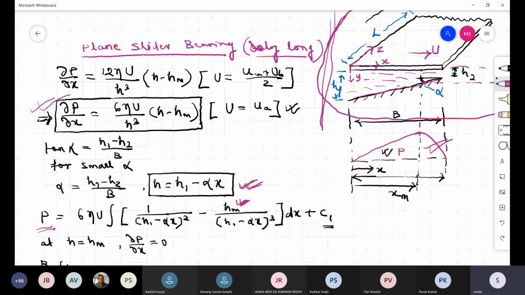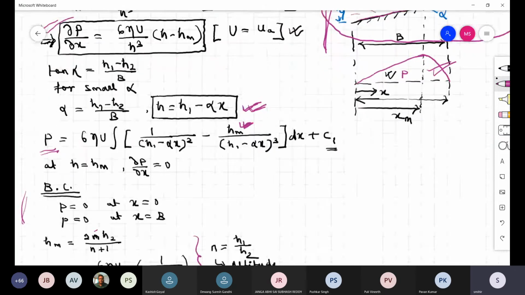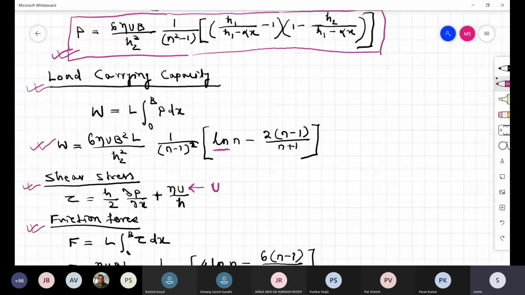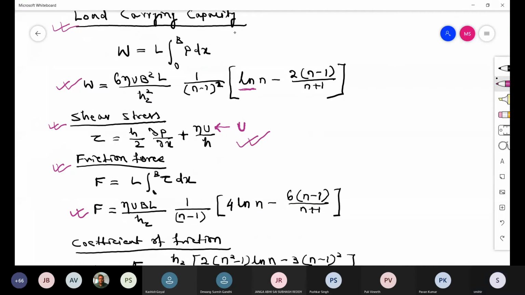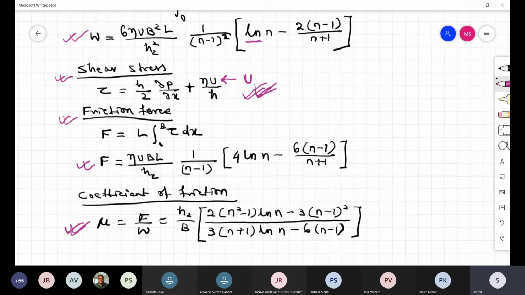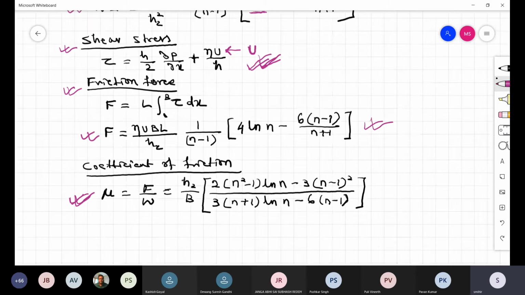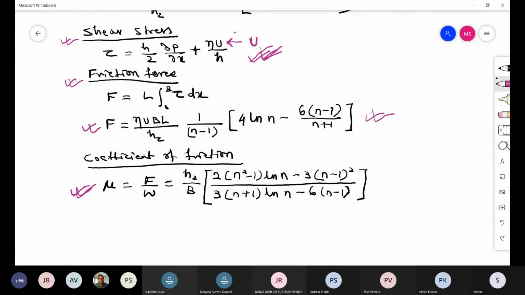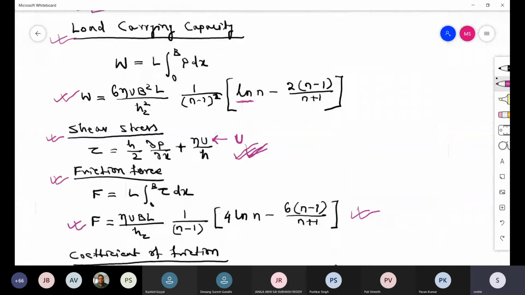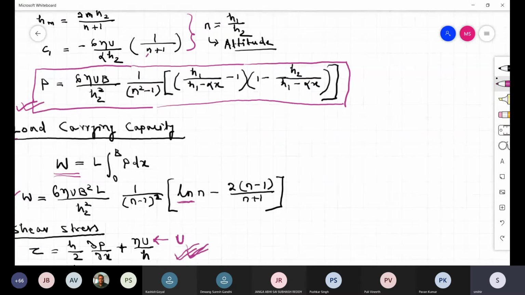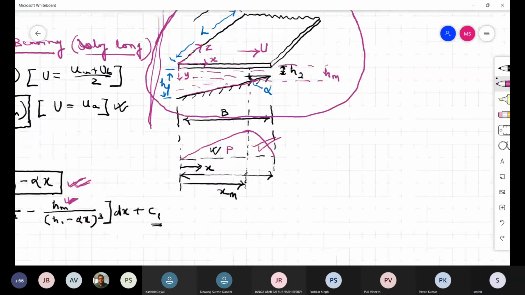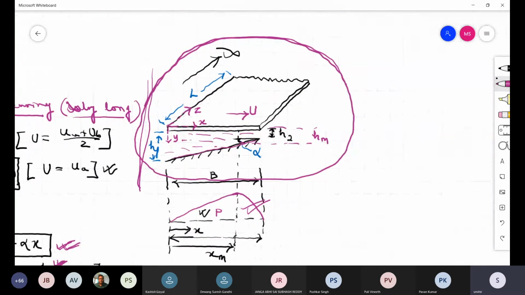You are finding the pressure, then the shear stress of the fluid film. So there is basically no contact. From the shear stress we find the friction force, and from the friction force we find the coefficient of friction. And this W is the load carrying capacity acting on this top plate vertically downward.